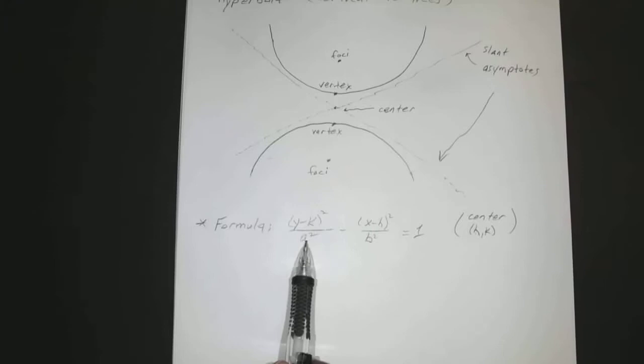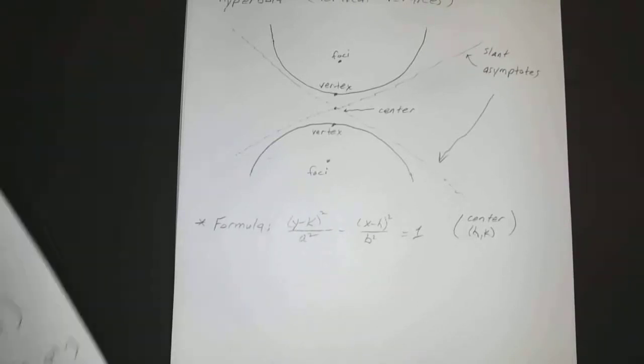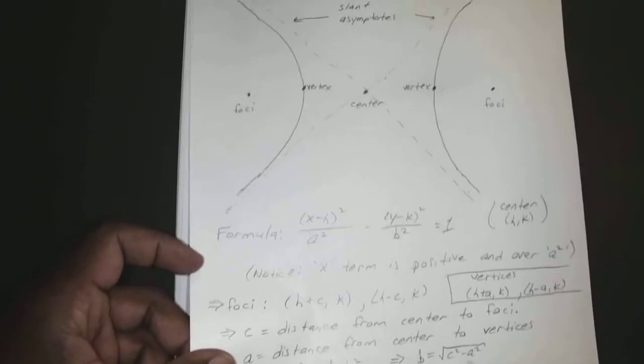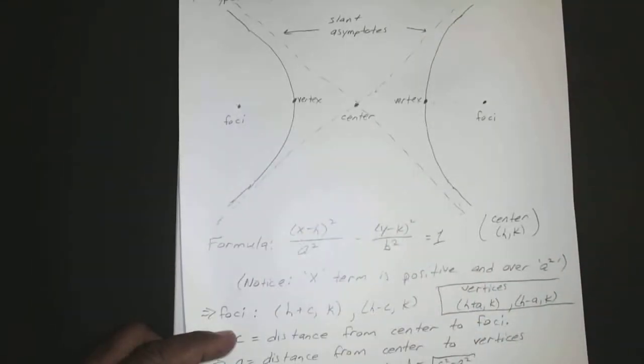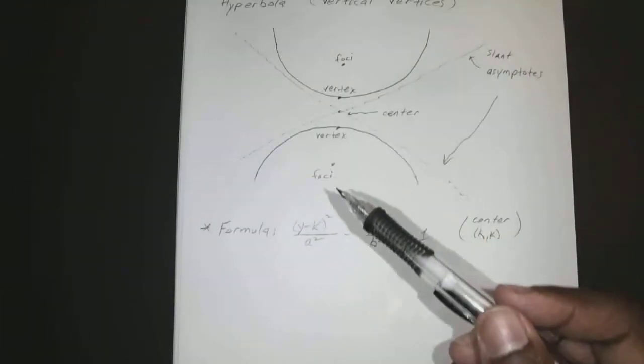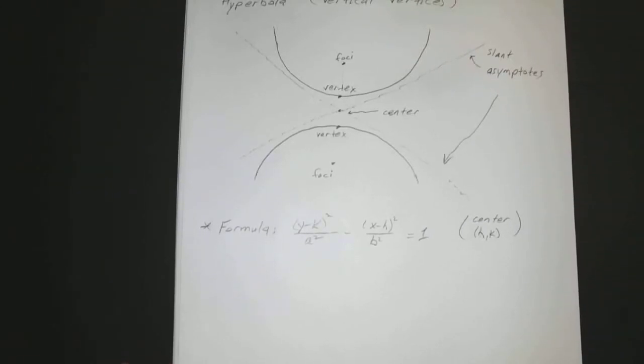Okay. Now on this one, you want to notice that the y is positive and over the a squared. The reason I wanted to point that out is because here, when the x is positive, your vertices are along the x-axis. But when your y term is positive, your vertices are vertical, or along the y-axis.